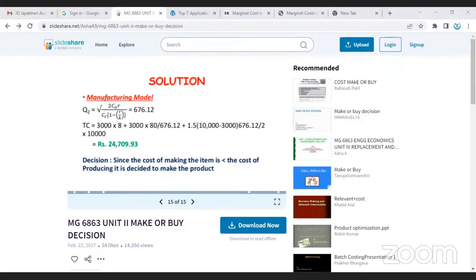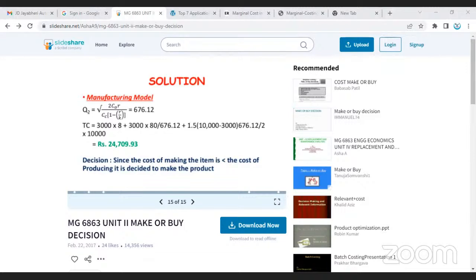The salaries of 40,000, 41,000, 60,000, advertisement and other expenditures are given below, right? So based on that, we'll take decisions. So these 7 are the applications of marginal costing, right?